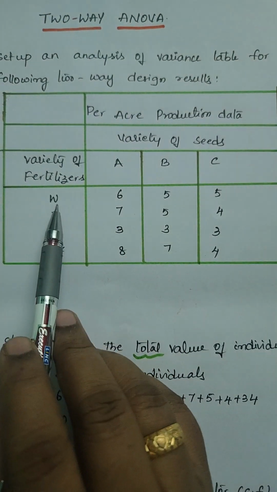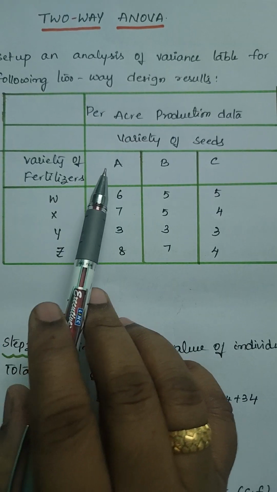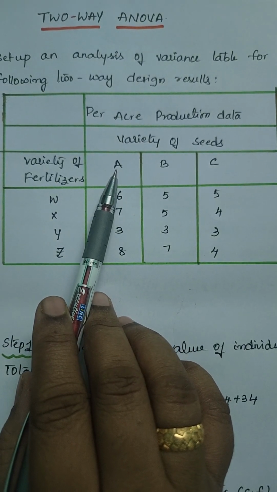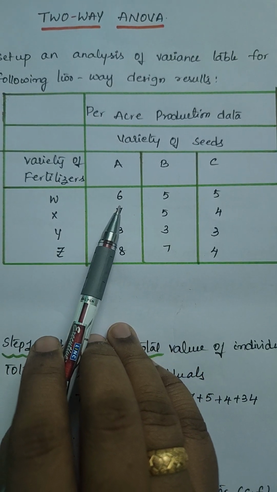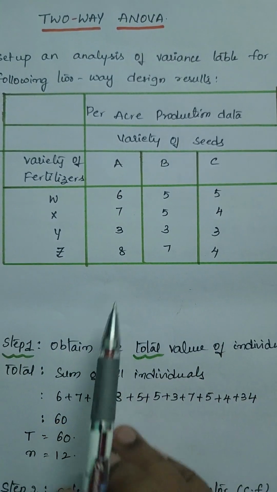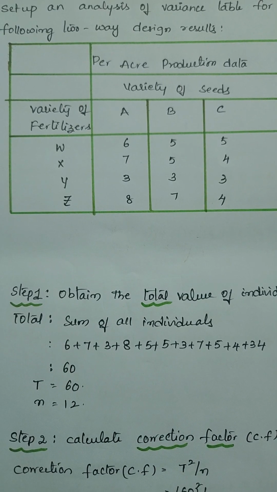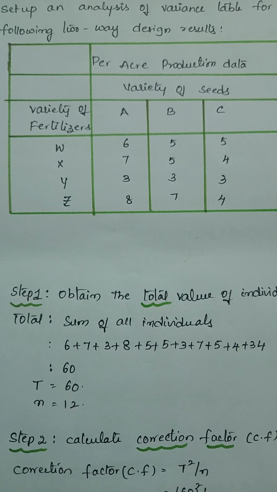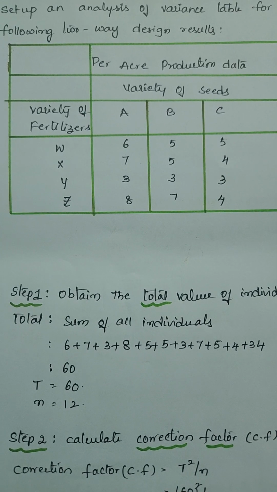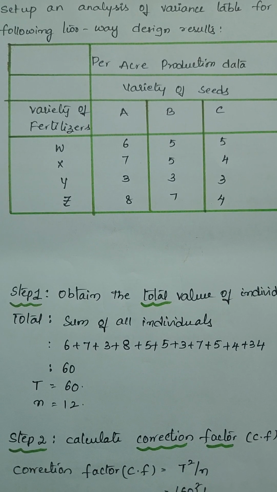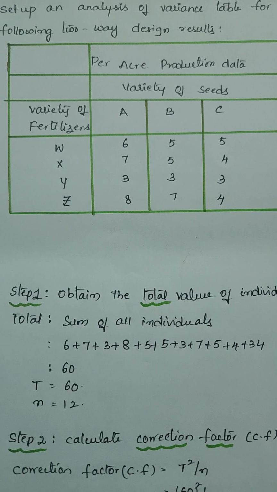When we use the fertilizer W and the variety of seed A, the yield is 6. The data goes on like this. In two-way ANOVA, the question is: is there any significant difference in the yield when we use different varieties of seeds and fertilizers? That is what we are going to test using the two-way ANOVA table.